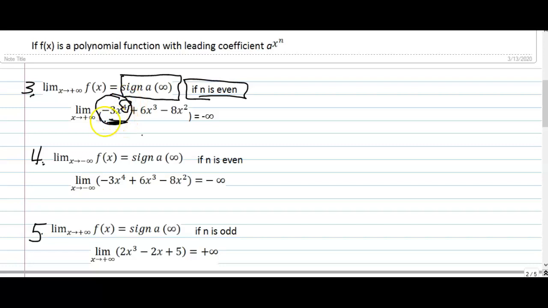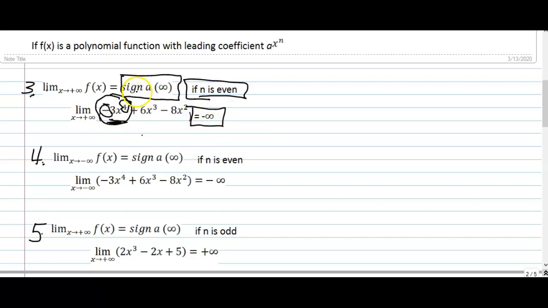So what happens when we take a really huge positive number and raise it to the fourth power? Well, it's still going to be positive, and it's even going to be greater, but since we're multiplying by a negative, then that's going to make the end result negative. So that's going to give us negative infinity.